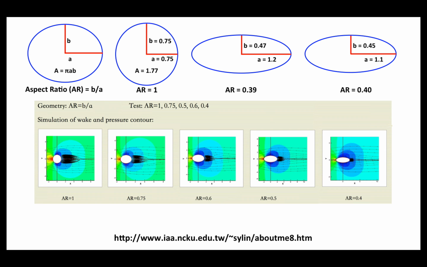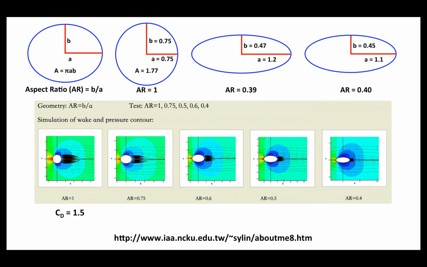You can check out this reference. What we're seeing here are computer-simulated wake and pressure contours. The wind in each case is coming from the left, and all the way on the left you see a round spoke, and then going across, spokes that are increasingly elliptical with smaller aspect ratios.